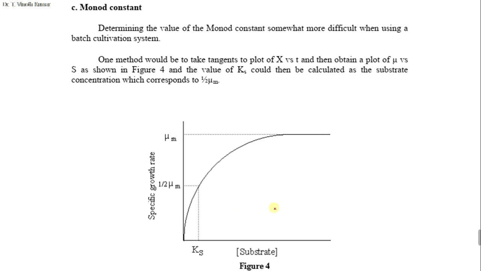And next, coming to the Monod constant, we already explained that. So what is the Monod constant? The Monod constant is nothing but the half value of the specific growth rate, interpolated to the value of substrate concentration. This value is called Ks, and this was explained previously.